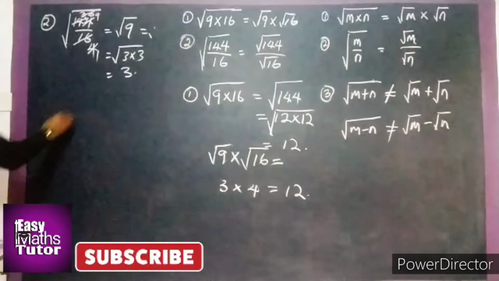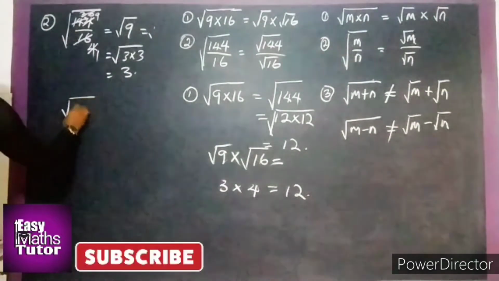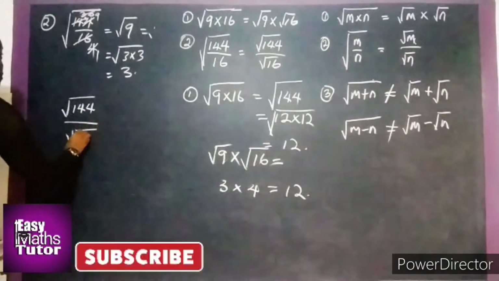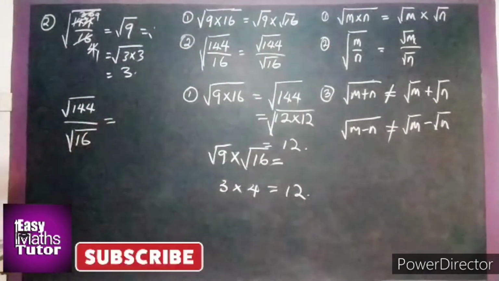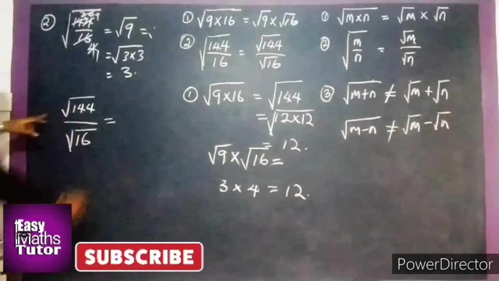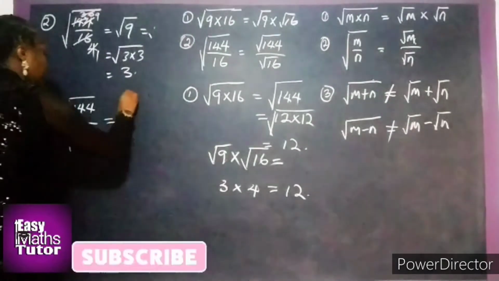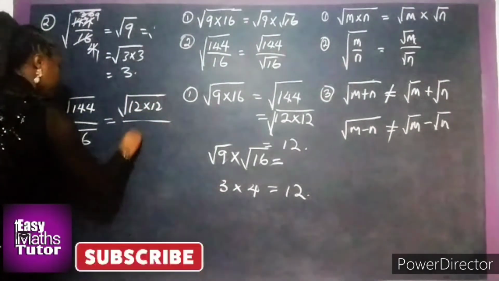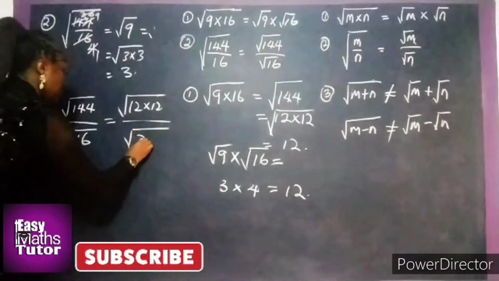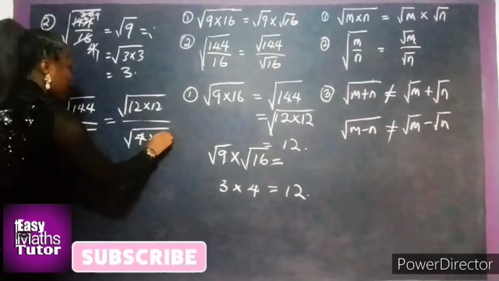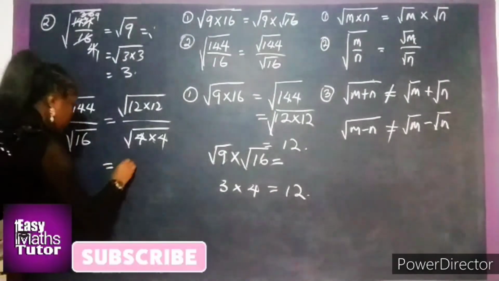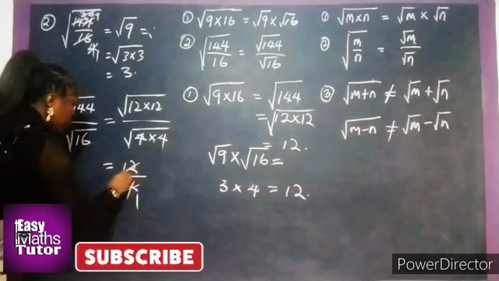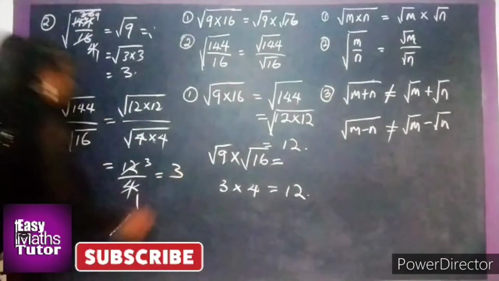And also, let's look at the second equal sign, the other side of the equality. So we know that the square root of 144 is the same thing as 12 times 12, all over, square root of 16 is 4 times 4, giving us 12 over 4. 4 goes here, 1, 4 goes here, 3, giving us 3.